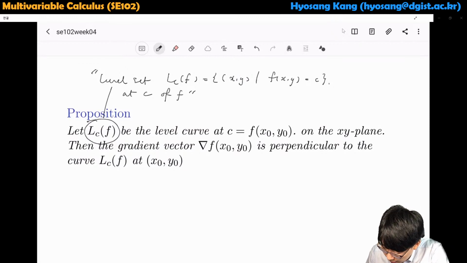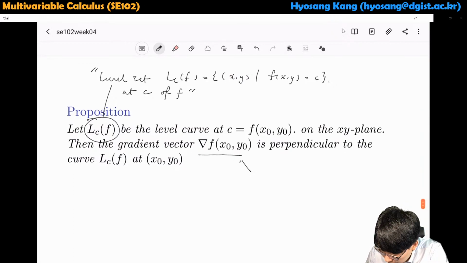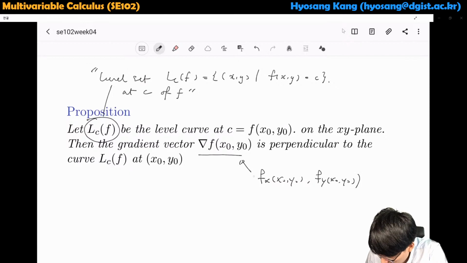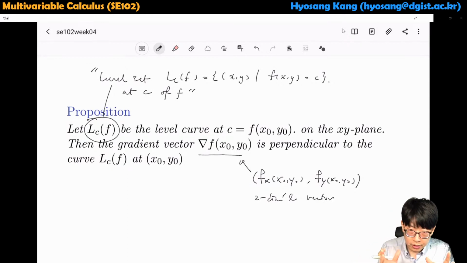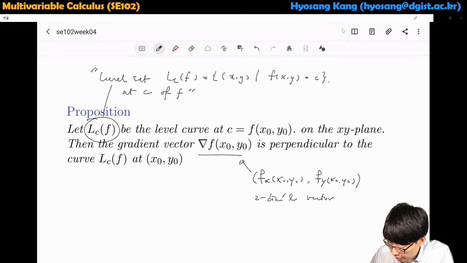And then the gradient vector, this is again fx(x0, y0), fy(x0, y0), a two-dimensional vector. So we have a two-dimensional curve, which is the level set inside the xy plane, and also a two-dimensional vector that we can put on this xy plane. The proposition says that this vector is always perpendicular to the curve at the point.